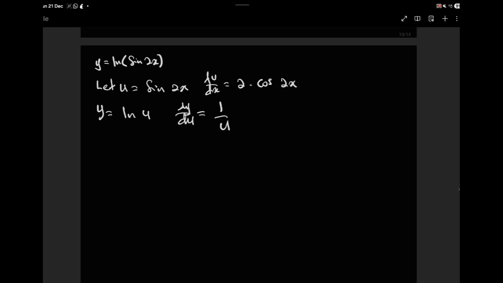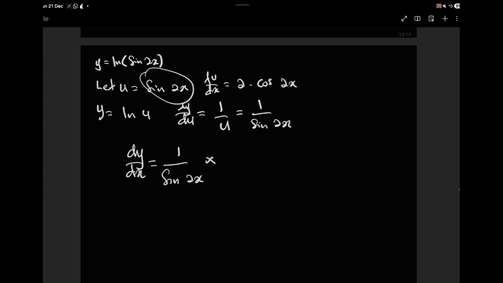Before we find dy dx, maybe we can expand the u so that later on we can just use it. So u here is equal to sine 2x. So to find dy over dx, it is equal to dy over du, which is 1 over sine 2x, times du over dx, which is 2 cos 2x.